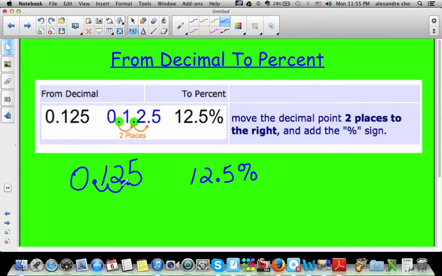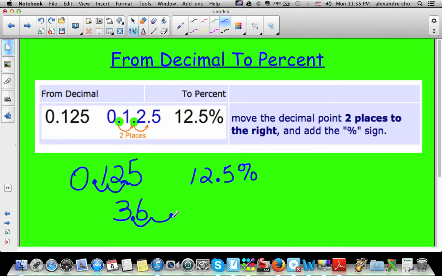Okay. Let's try another decimal. Let's try the number 36. Or, not 36. Let's try 3.6. Okay, so step 1 is to move that decimal 2 spaces to the right. Okay. So you're going to go 1 and you're going to go another one.